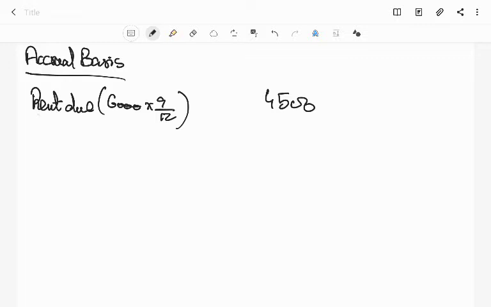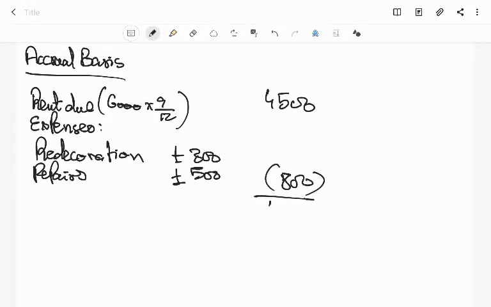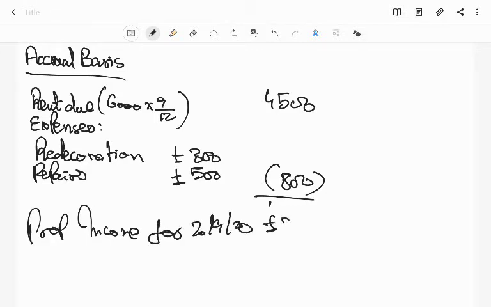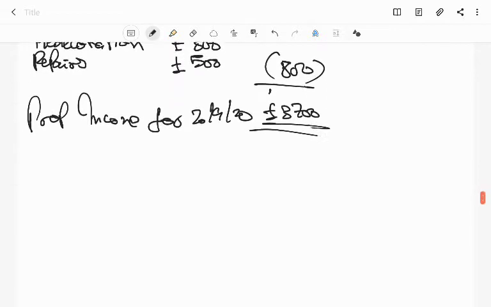Then the expenses, redecoration and repairs, here we get £800 deduction, so property income for 2019-20 is £3,700. So far so good. I hope you get it till here.